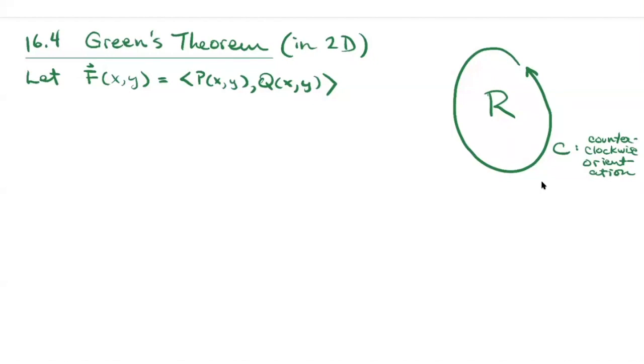And we want these to be differentiable in R. Okay, this curve C, we want it to be continuous, closed, piecewise smooth, so it can have sharp corners on it.